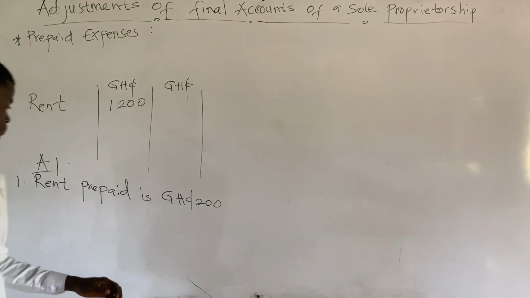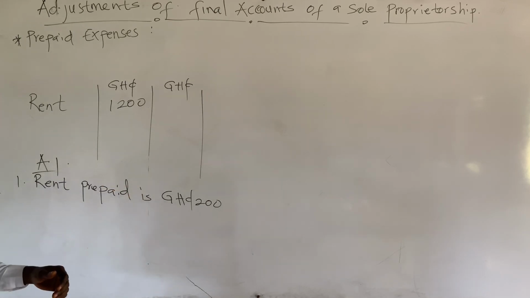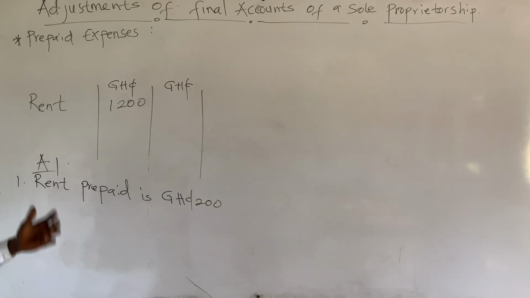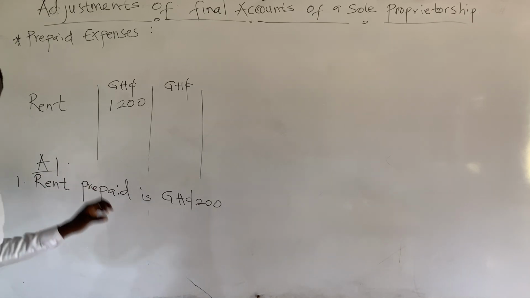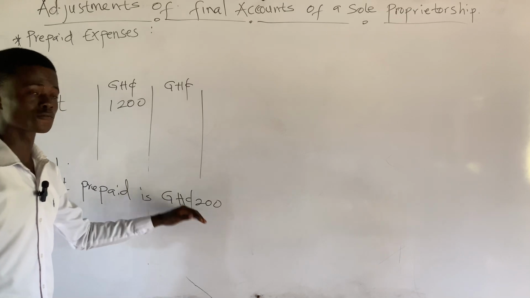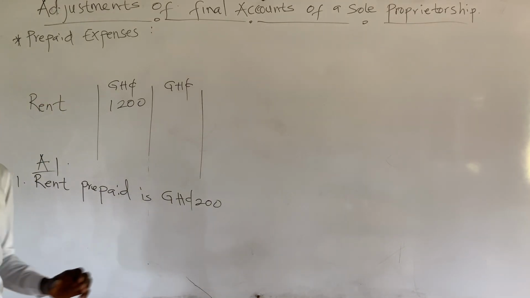This means that this amount does not relate to this accounting period. So we need to take out this amount from the amount paid to get our actual expenses incurred. To get the rent expenses incurred in this accounting period, we will take out the 200 cedis from the 1,200 cedis.